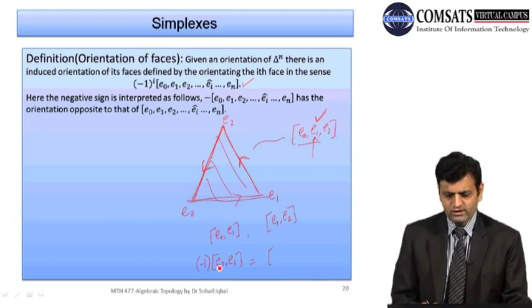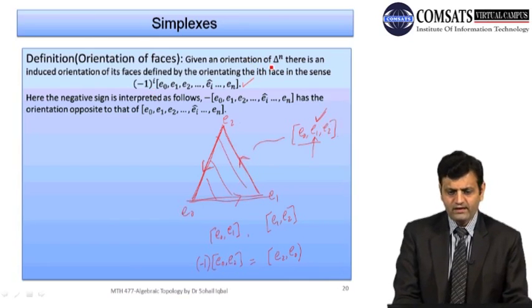So if it is E0, E2, then with a negative sign it becomes E2, E0. The negative sign represents that we are reversing the order. So if we have any standard n simplex, I want to keep this orientation possible for the faces as well.